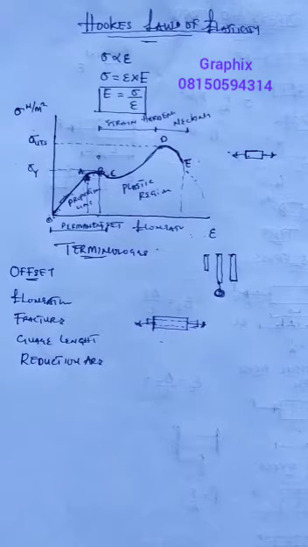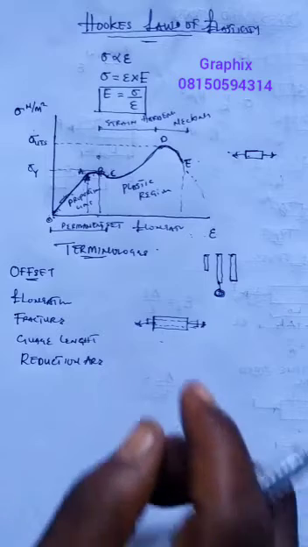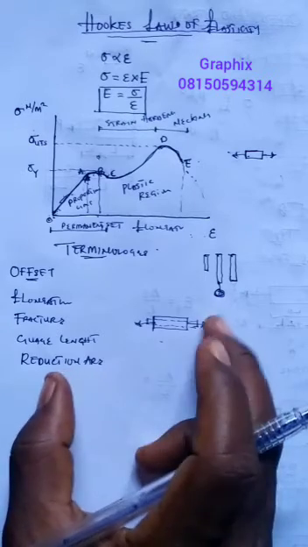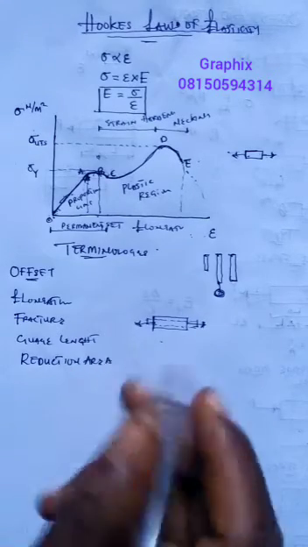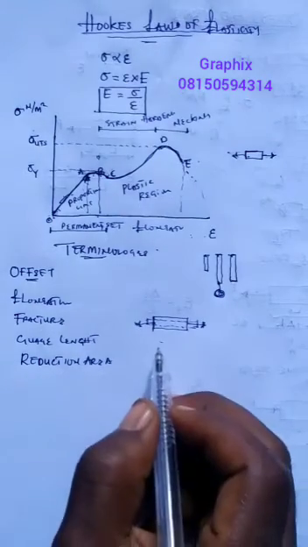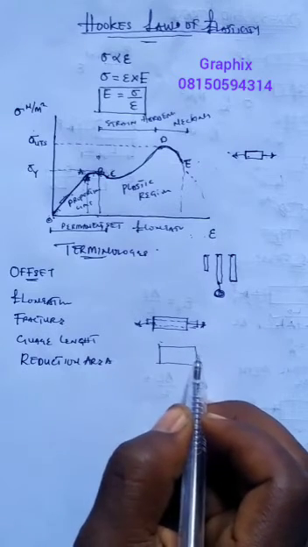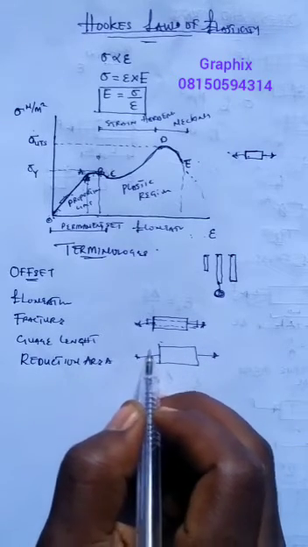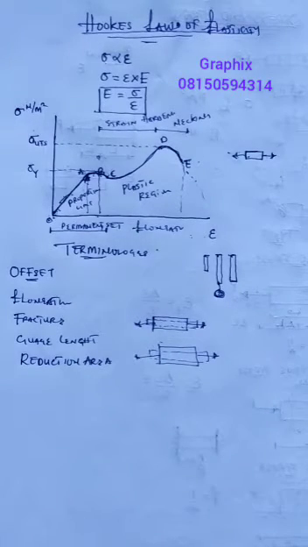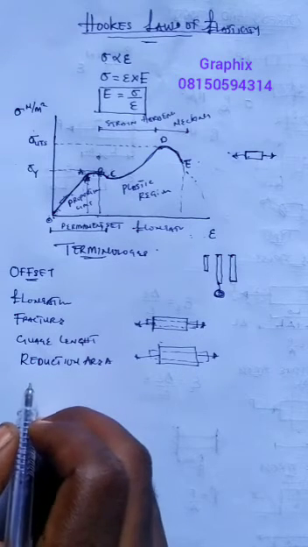So now the next thing is the reduction area. This is the ratio that expresses how much a material is narrowed when compared to original size. If you look at the original size is this, and when you apply a load here, it starts coming down, reducing.